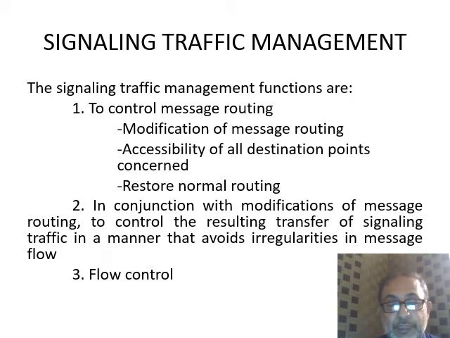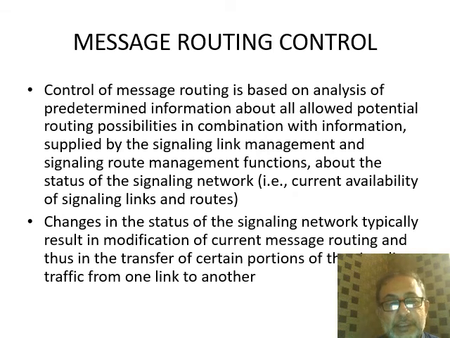We need to have flow control also. Similarly, we'll have message routing control, which is the control of message routing based on the analysis of predetermined information about all allowed potential routing possibilities, in combination with information supplied by the signaling link management and signaling route management functions for the status of the signaling network.